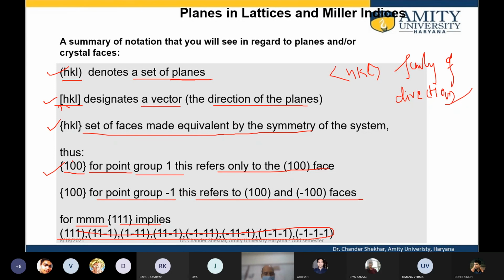Why are we interested in the family of planes? When we are characterizing a crystal, if you look at the reflection, the simplified form of diffraction in the form of reflection is used to determine which plane is diffracting the X-rays.